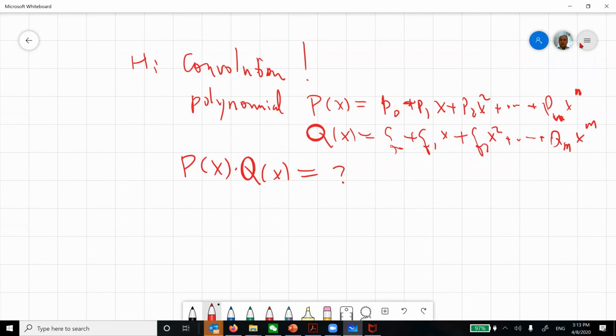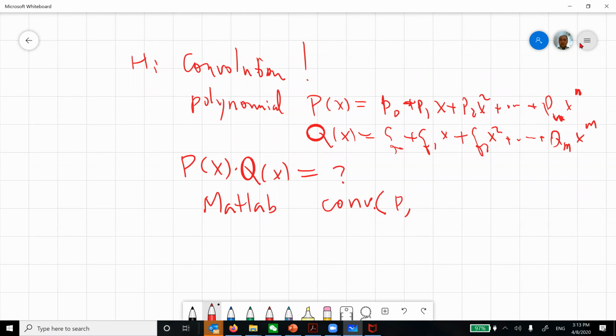I suggest you go to MATLAB. There is a command called convol. Okay, convol. So you have a convolution of P array. This is called a P array.